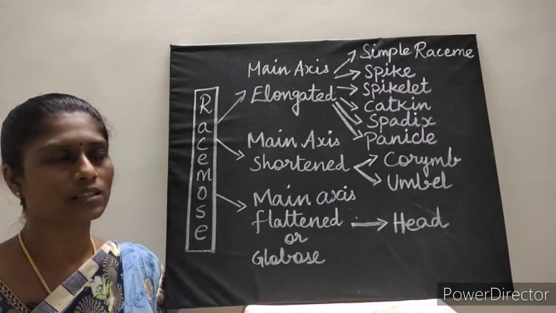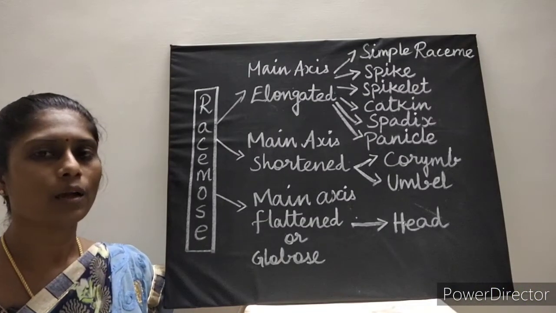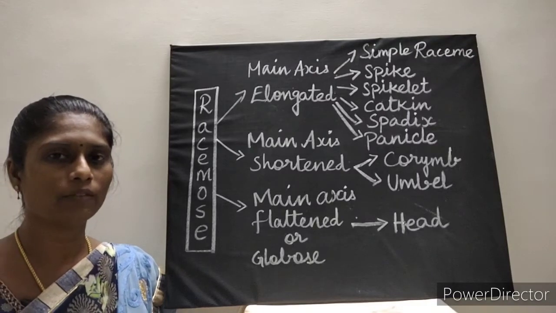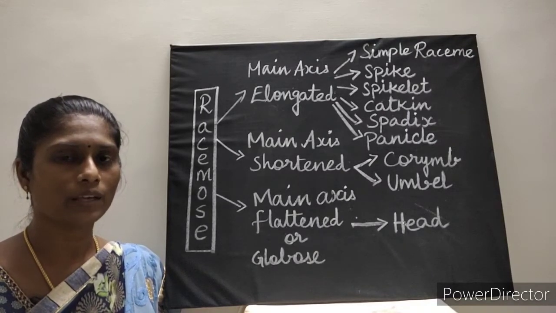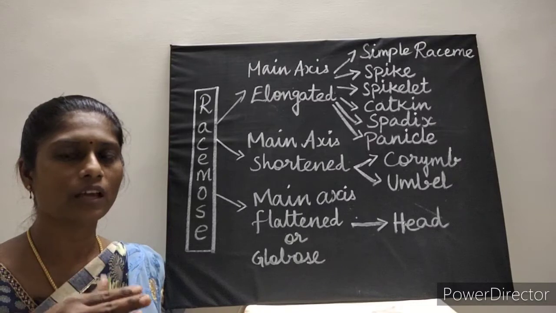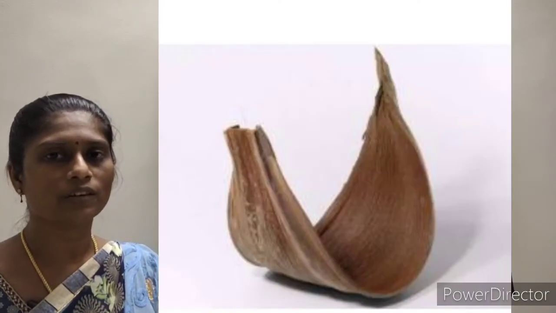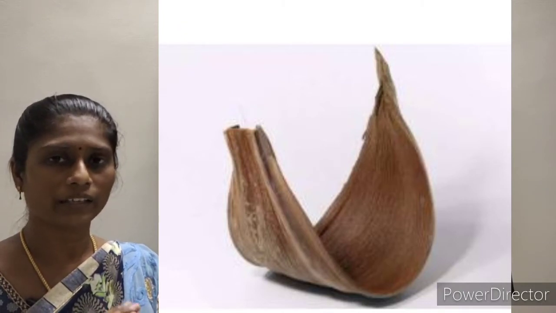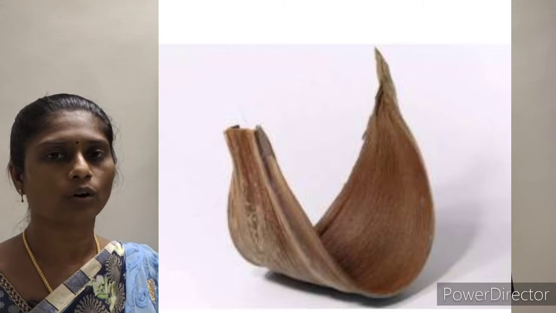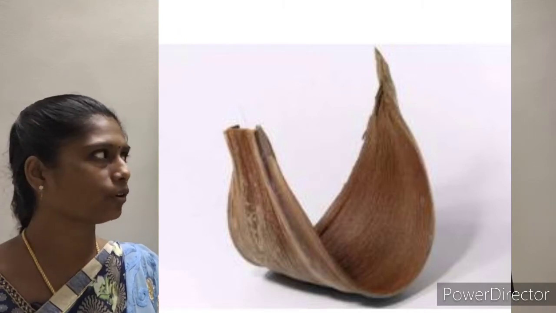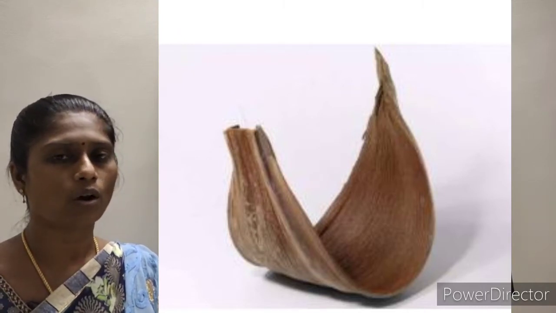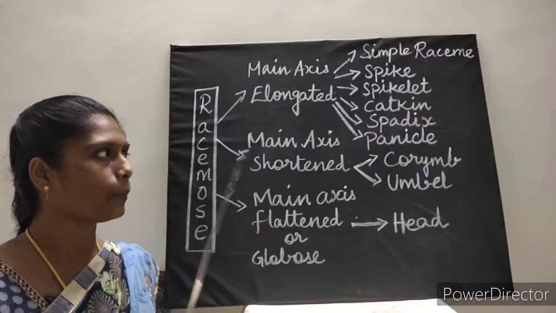The female flowers are arranged at the base and the male flowers towards the apex. The inflorescence is covered by a brightly colored or hard bract called the spathe. An example for spadix is Cocos.